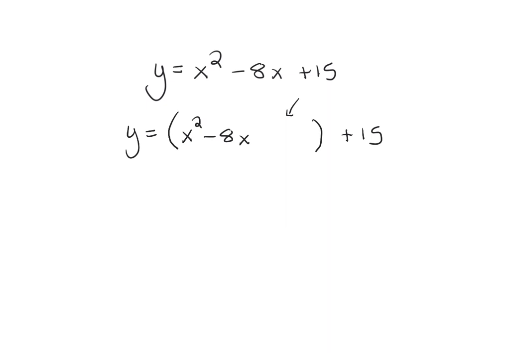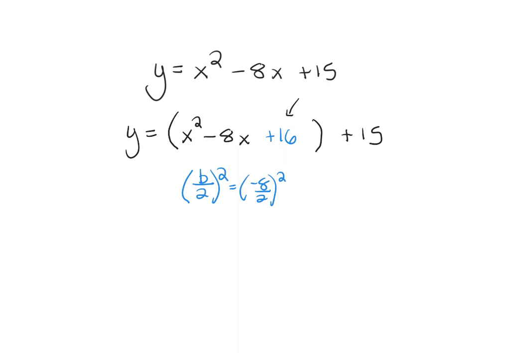We want to complete the square, making that perfect square trinomial again using b over 2 squared. In this case, negative 8 over 2 squared. Negative 4 squared is positive 16.